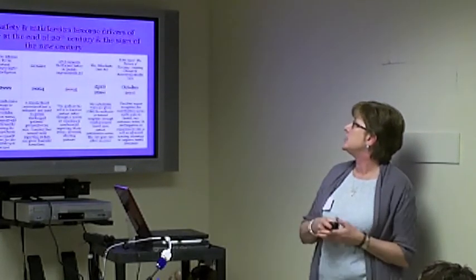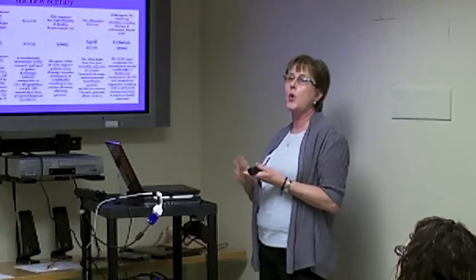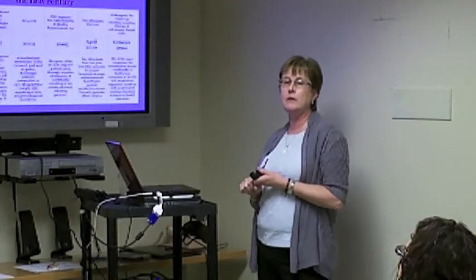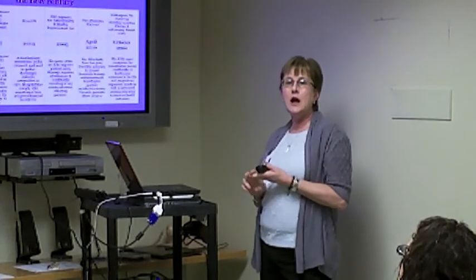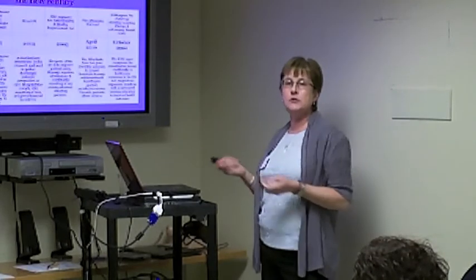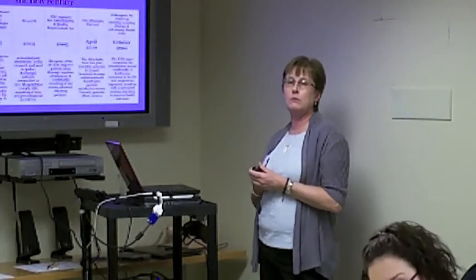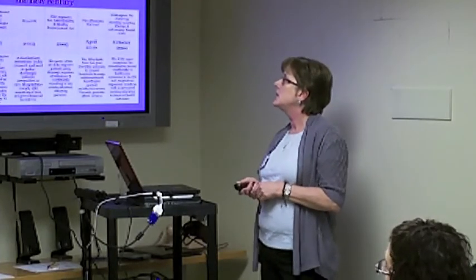Now, at the end of the 20th century and the beginning of the 21st century, we have a lot of things happening at the same time, and this is really going on because of issues with safety coming up, quality, because we had in the 80s implemented the DRGs in the hospital so people were sicker and coming out of the hospital quicker, and satisfaction was also beginning to play into this because with modern medicine, people were not happy with their hospital experiences.